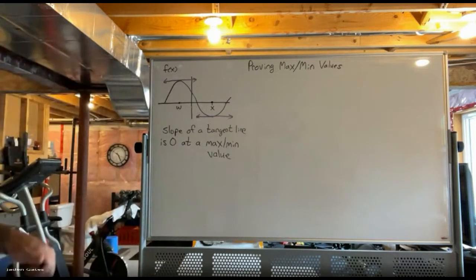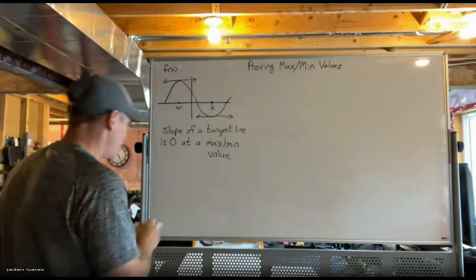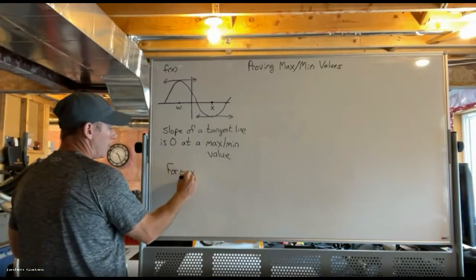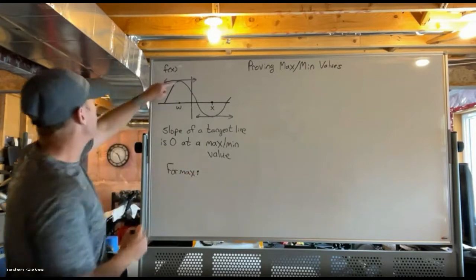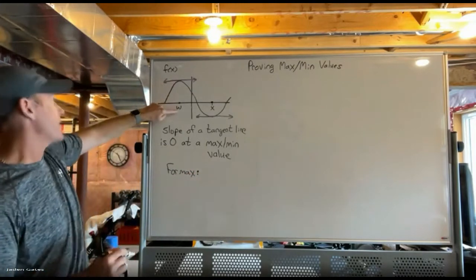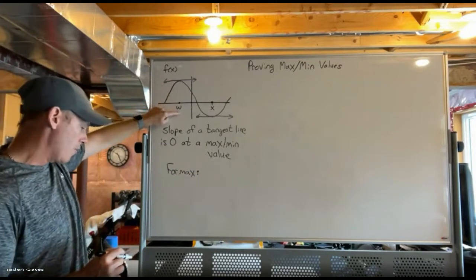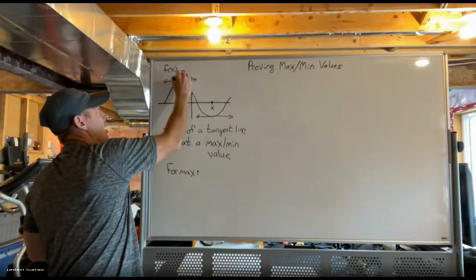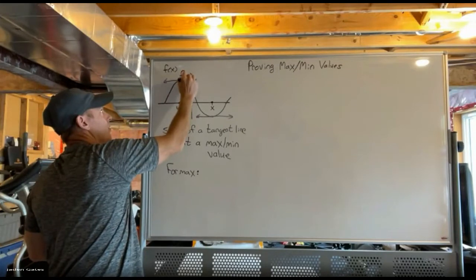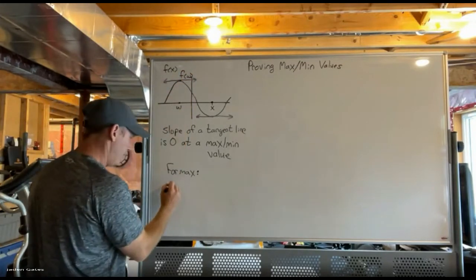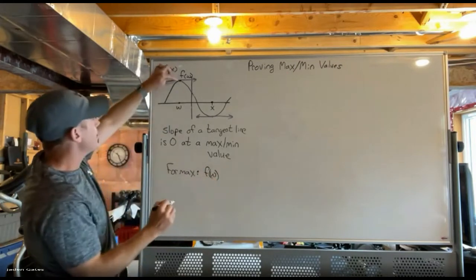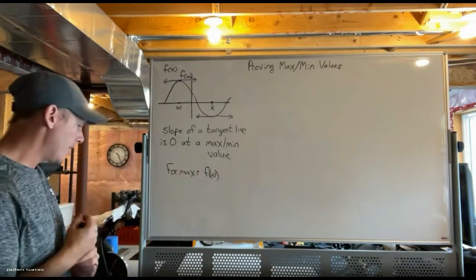And then to prove it, for a max, which in this case would be when our x value is W, that top spot would be f of W. That value is going to be the highest of anywhere around it.